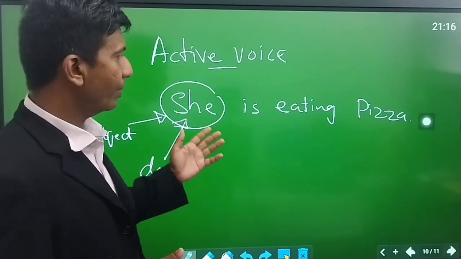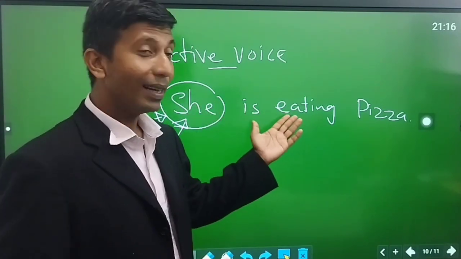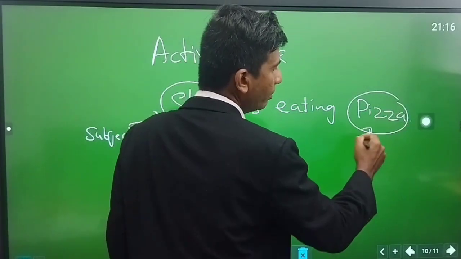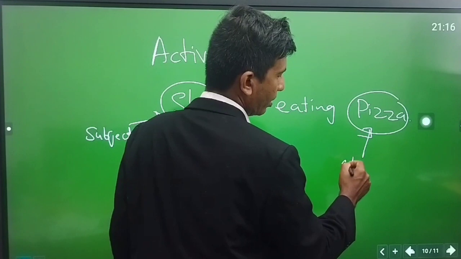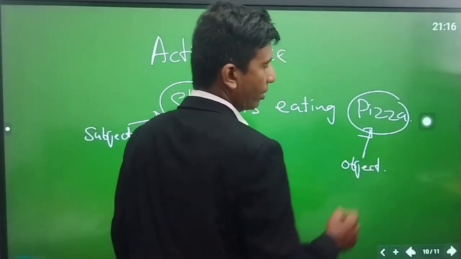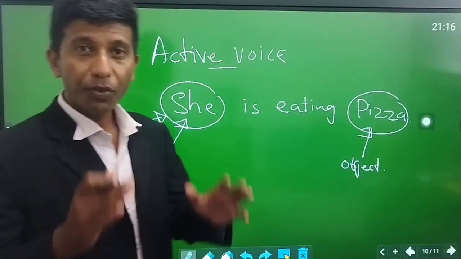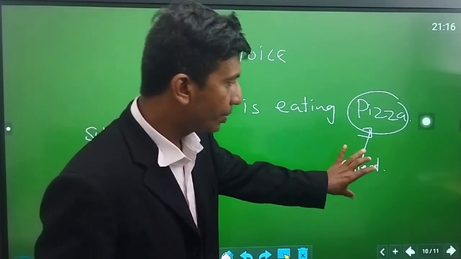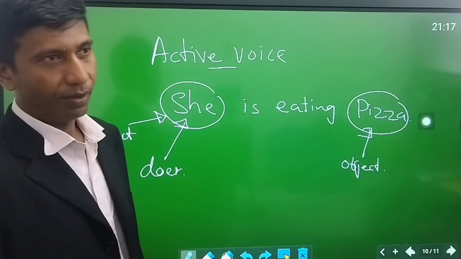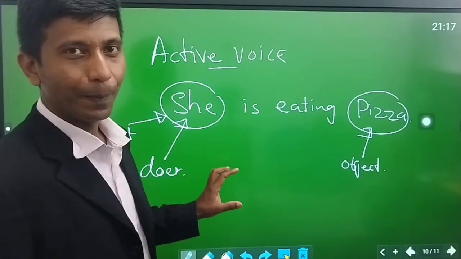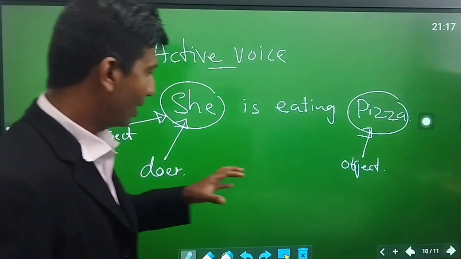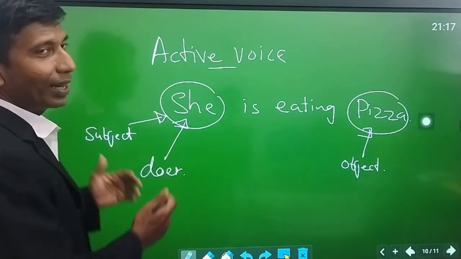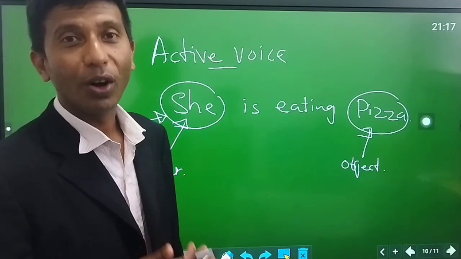Look at this sentence. The action of this sentence is eating. So pizza is the object. If you start the sentence from the object, that means if you make the object the first word of the sentence, we call it passive voice.